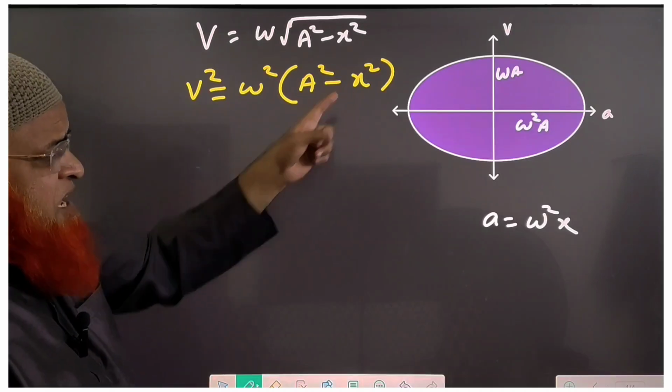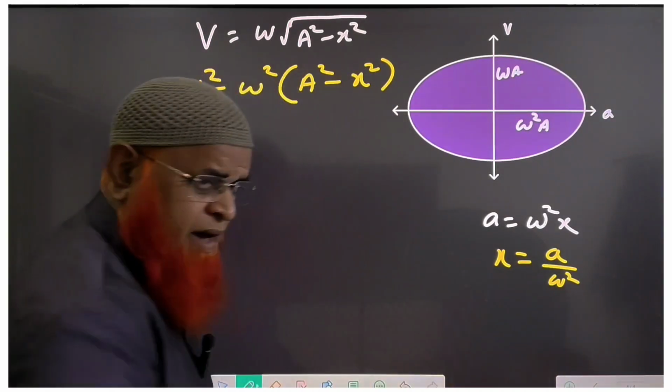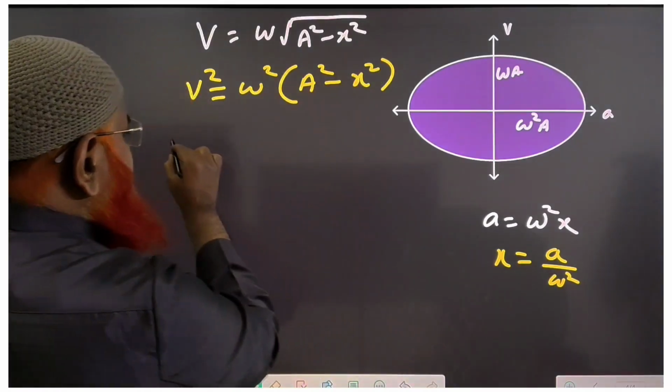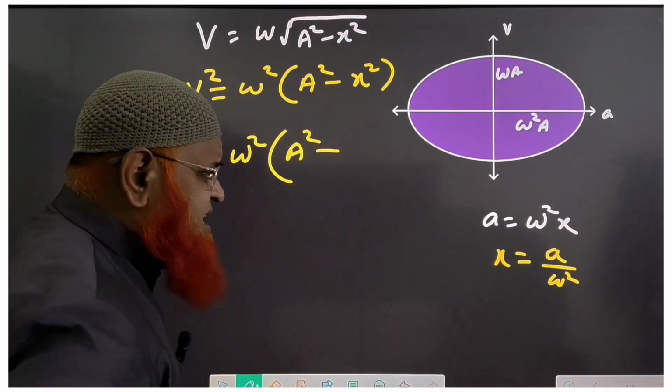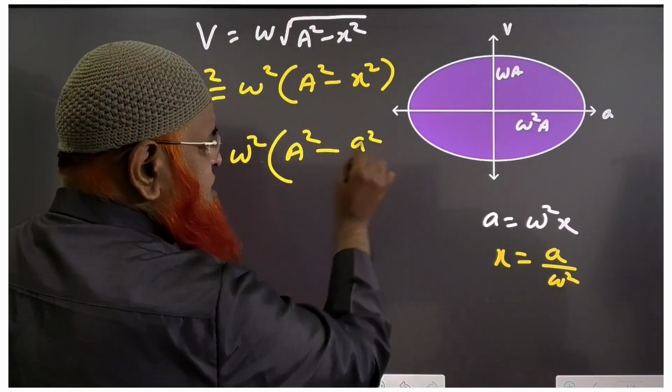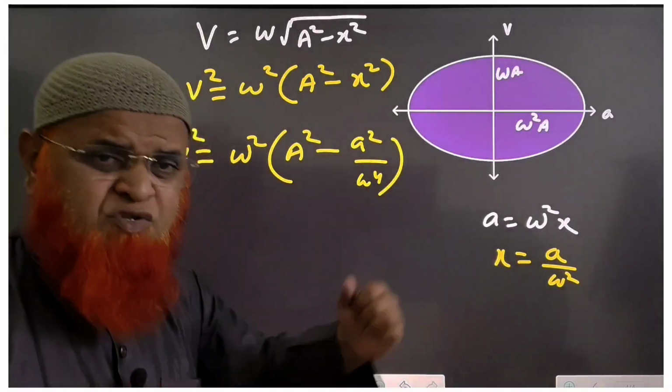Okay, and here in the place of x, you have to substitute x is equal to a by omega square. If you substitute this value here, we're getting v square is equal to omega square into a square minus x square, where x square is equal to a square by omega power 4, because you have to square this one.